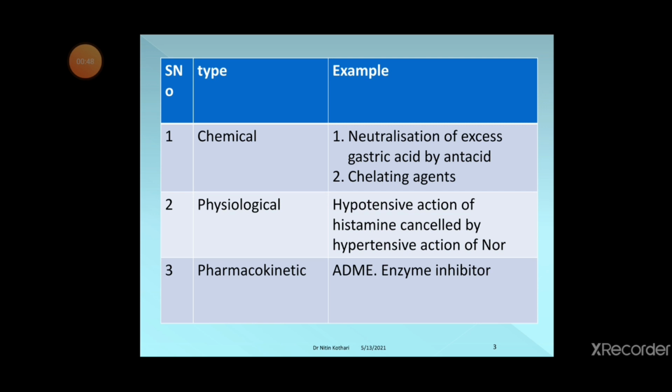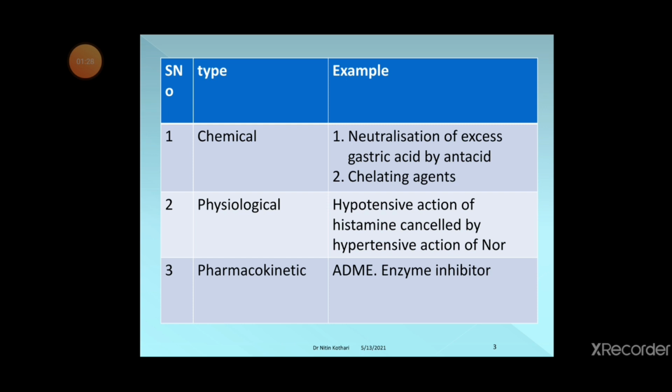Because of induction of the enzyme which metabolizes estrogen and progesterone, the OCP becomes ineffective for contraceptive purpose. So in this example we can see the effect of estrogen and progesterone is lowered when taken with rifampicin. This is pharmacokinetic antagonism. So rifampicin should not be given along with oral contraceptive pill.